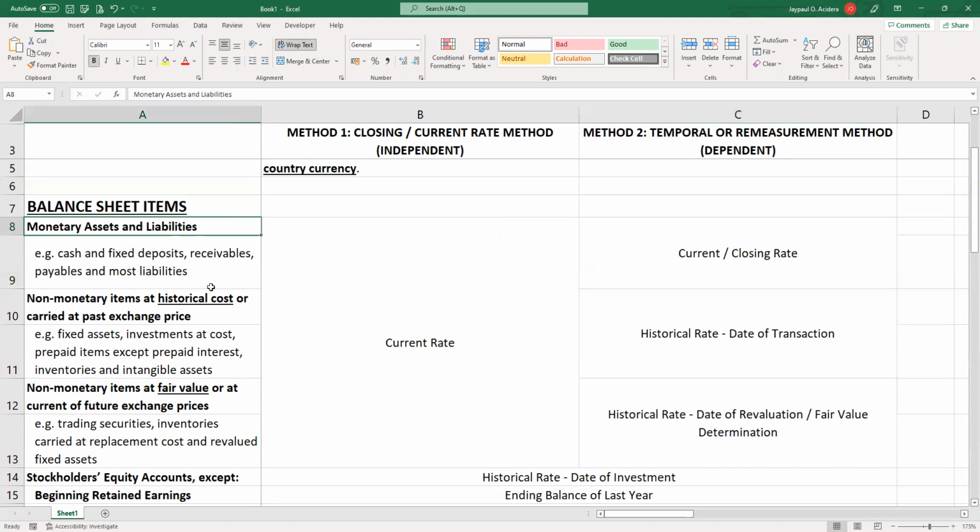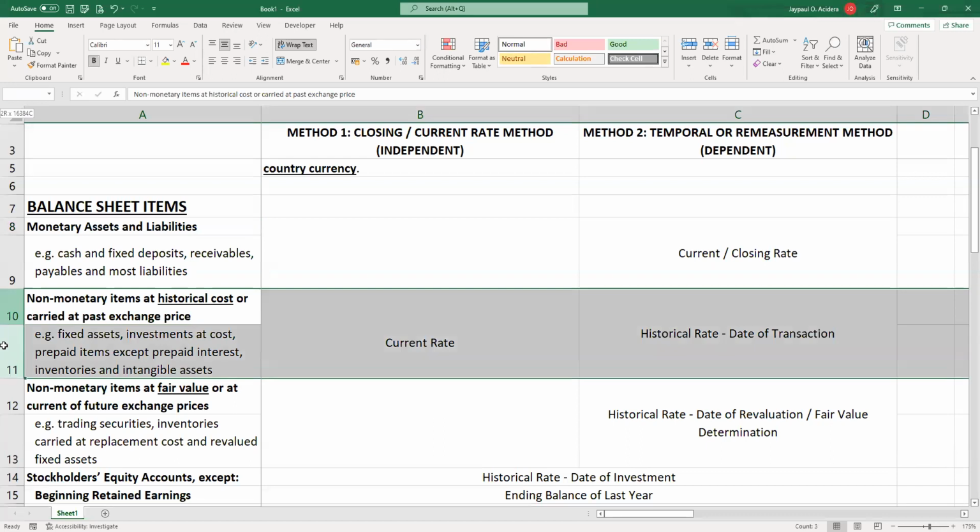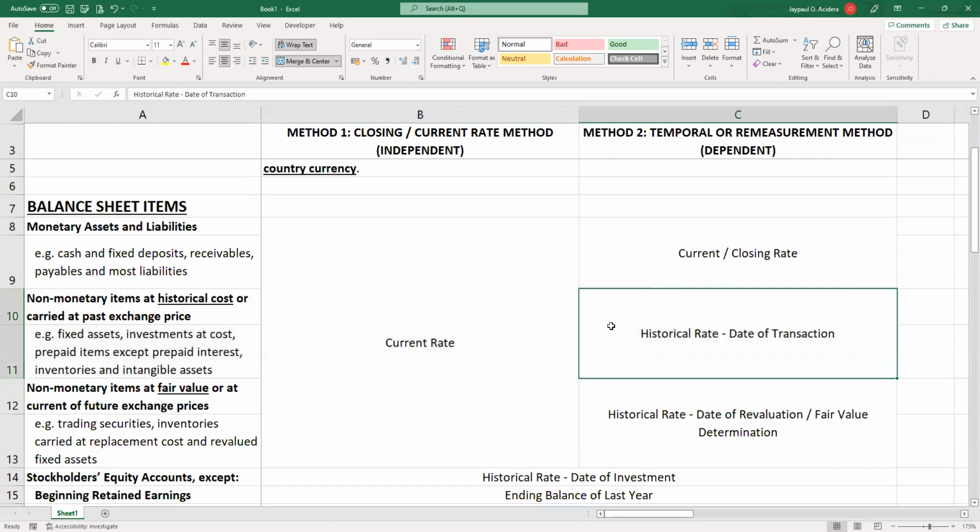Okay? If the items or the assets and liabilities is non-monetary and it is measured at historical cost, okay, then we use the historical rate, which is on the date of transaction. Okay?